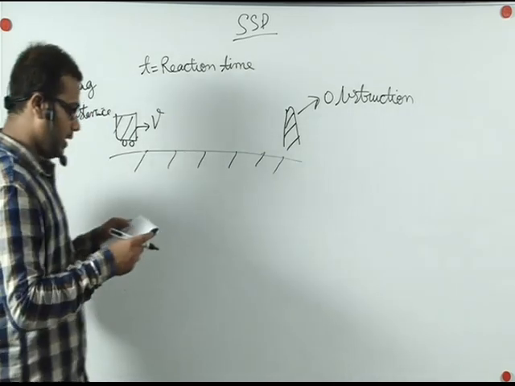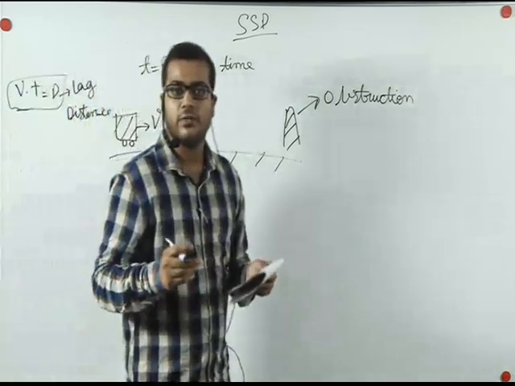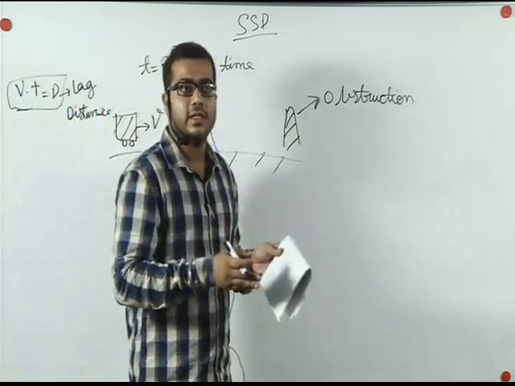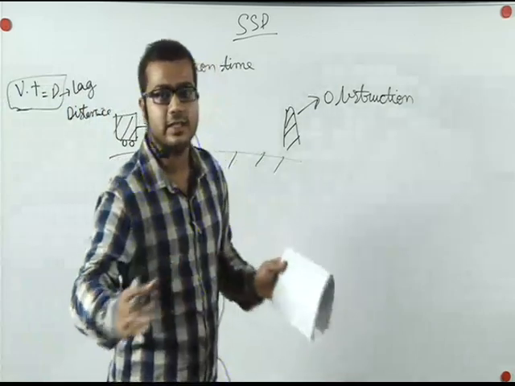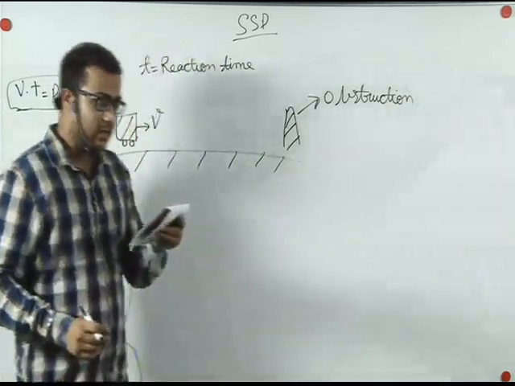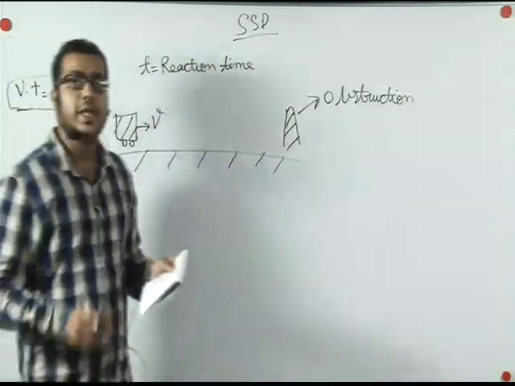And there is also a condition: after the application of brakes, vehicle will not stop suddenly. It will go and travel a certain distance. That is, we will say it as braking distance.